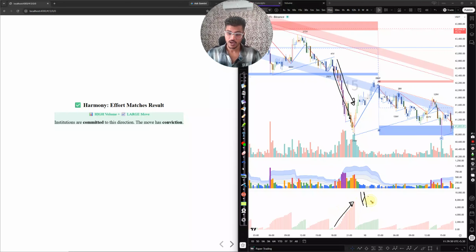This is what we call harmony. If I plot this here, from this point onwards there was conviction that the market is going to go down. So this is where volume, which is effort, matches the result.